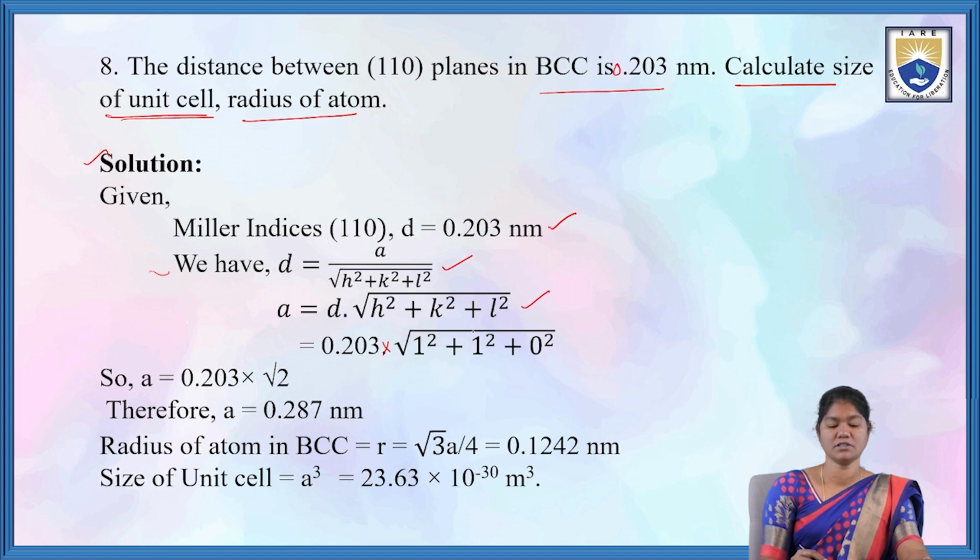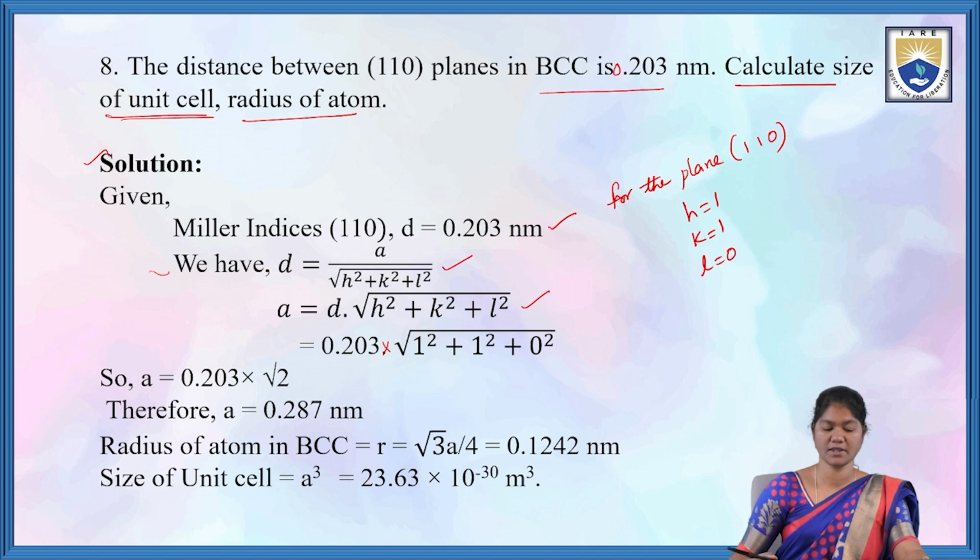here, for the plane 110, h is equal to 1, k is equal to 1, l is equal to 0.